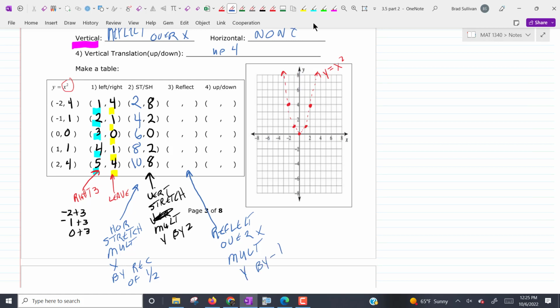I'll highlight to show you what I'm doing. When you reflect over x, the 8 needs to become -8. The 2 needs to become -2. You just do this in your head. Just multiply each of those y values by -1. So that's going to be -8, -2, that's still 0, -2, -8. That's how it reflects over x.